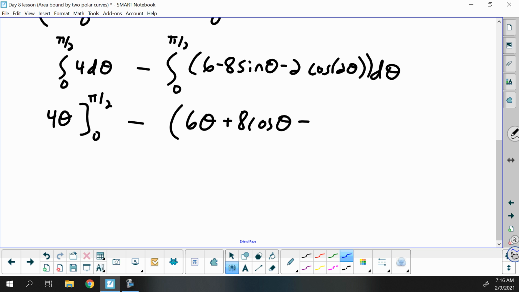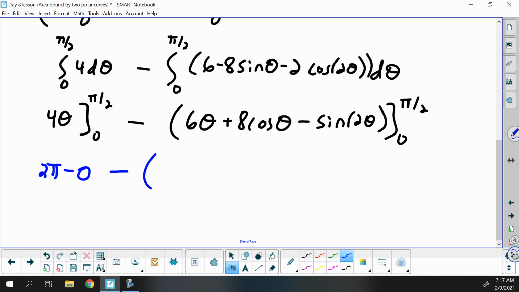So we're going to just have minus sine 2 theta, and we're going from 0 to pi over 2. When we sub in pi over 2 times 4, that will just give us 2 pi. Minus the 0.